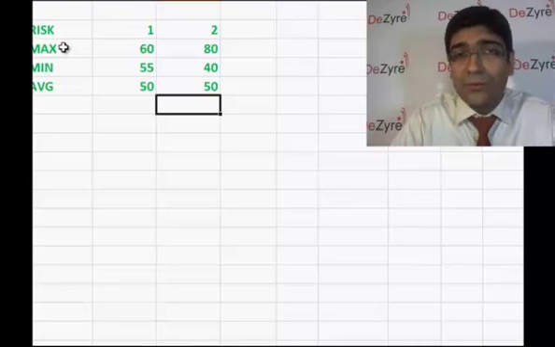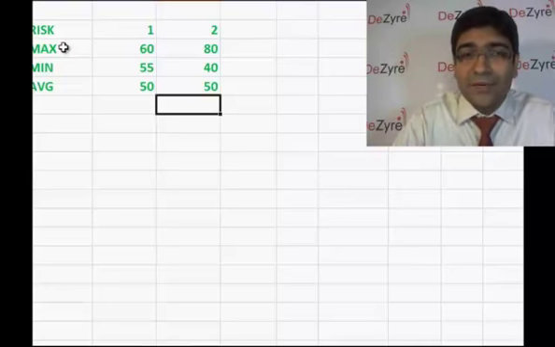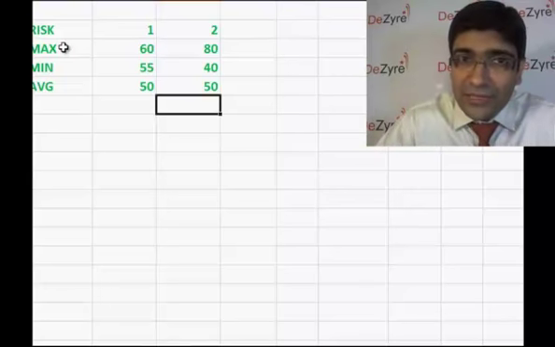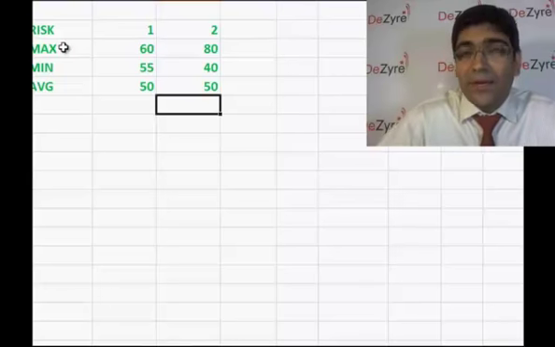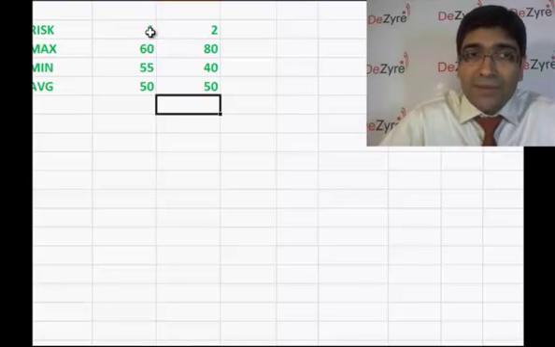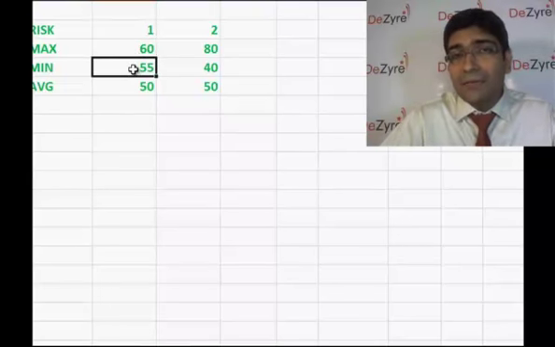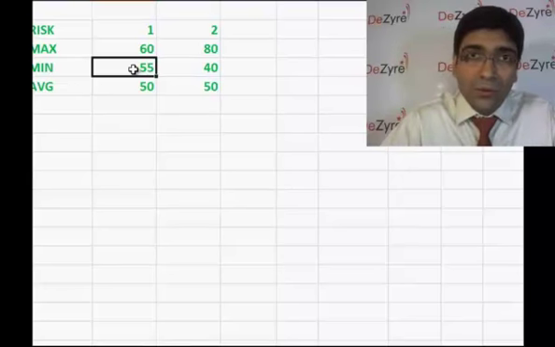Now if you have to bet on one of the classrooms, and say students of which class are really going to excel, not in life, at least in the exams, which one would you bet on? I would definitely bet on class number 1. Why? Because the maximum is 60 and the minimum is 55, which means the volatility in the marks is quite low.